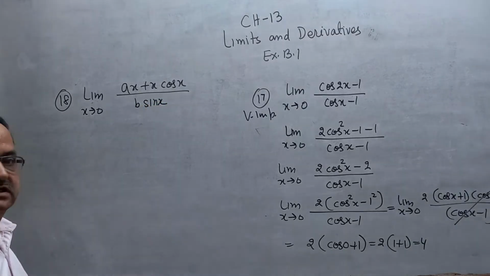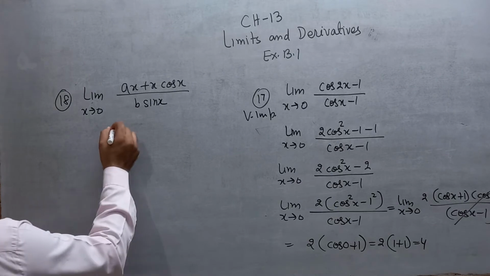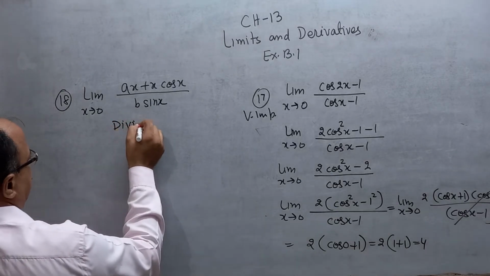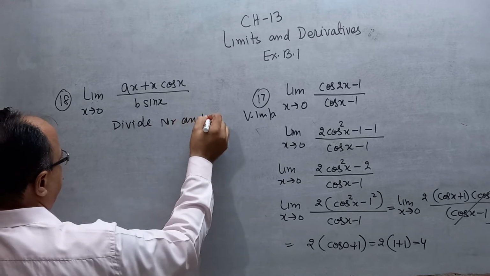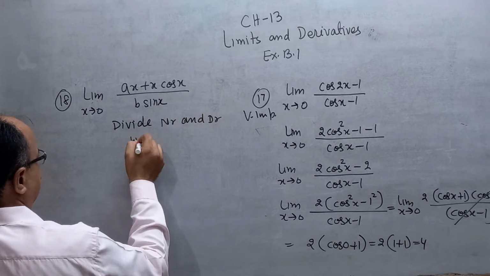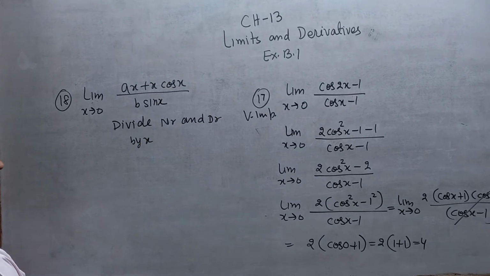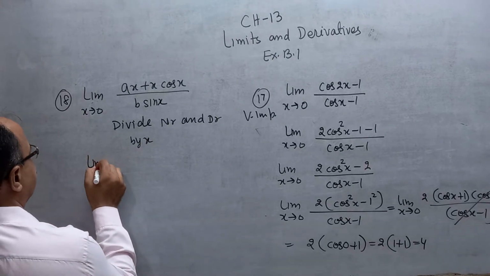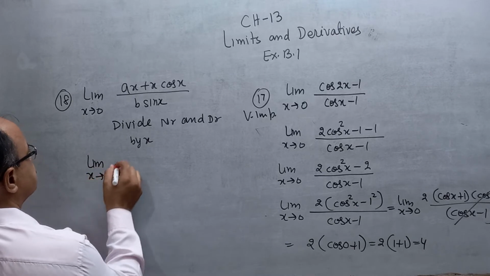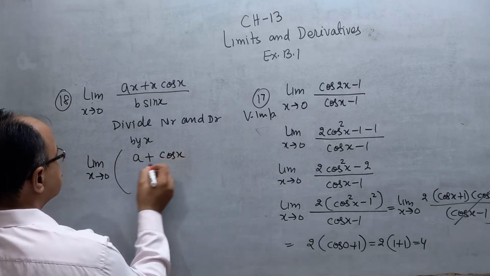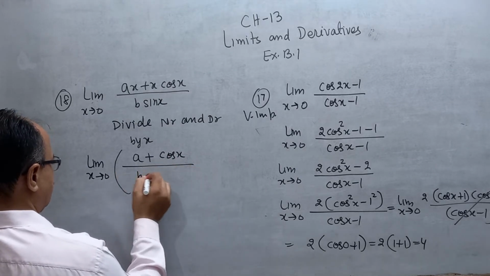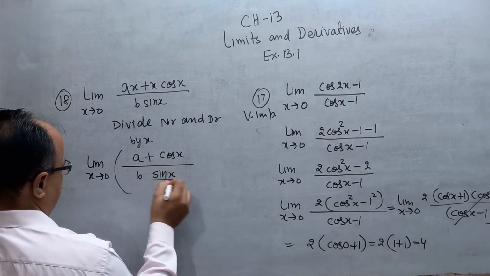Here divide numerator and denominator by x. So therefore limit x approaches 0, you can say (a plus cos x) upon (b sin x by x).